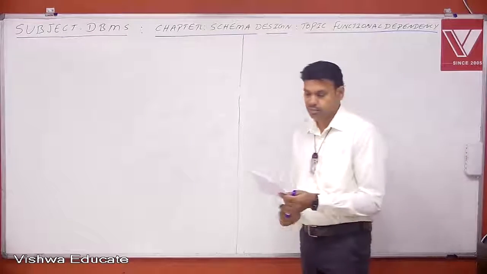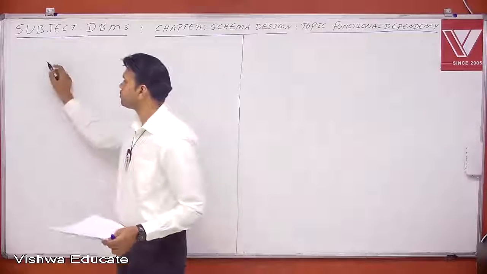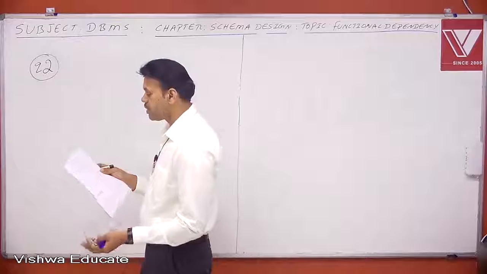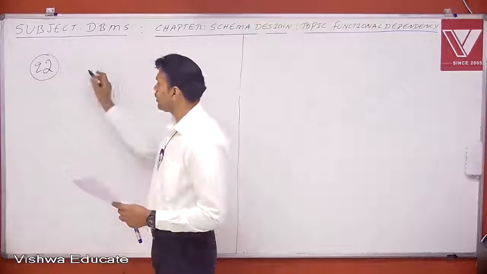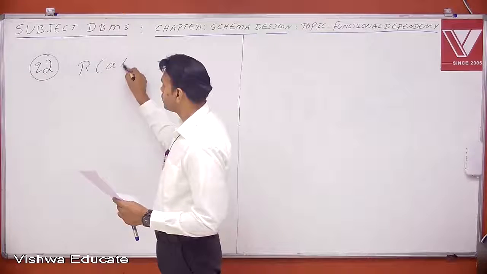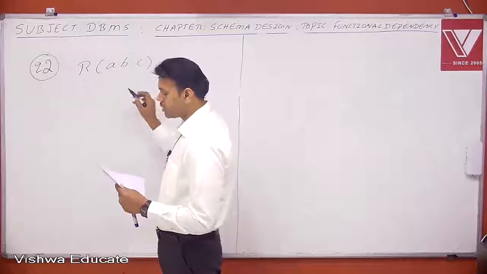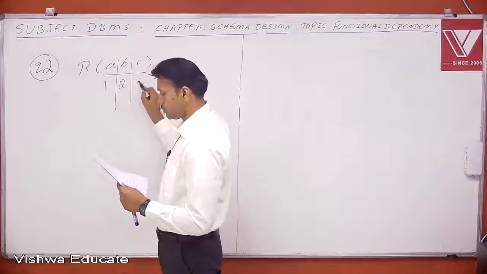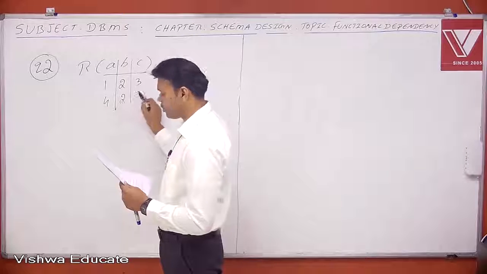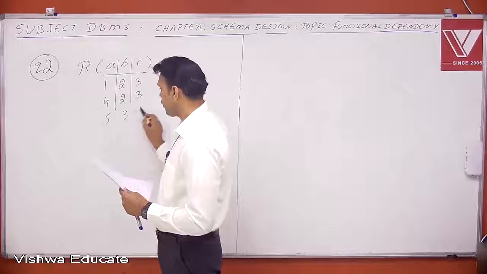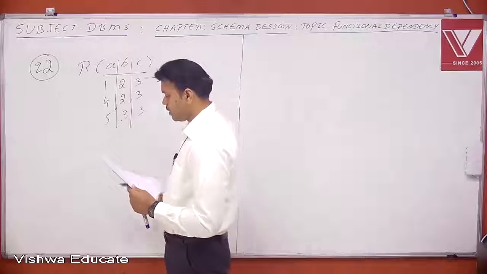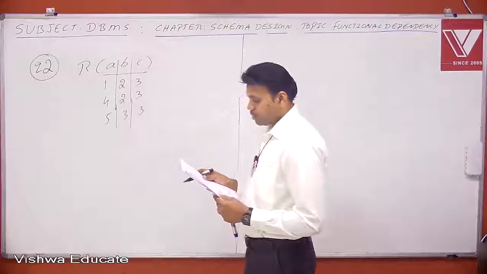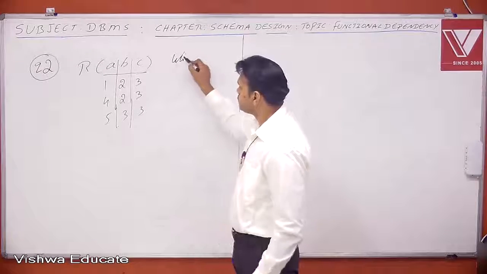So what he has given in question number 2 of the classroom workbook of the functional dependency topic is a table R with 3 attributes ABC, and the tuples are 1 2 3, 4 2 3, 5 3 3. He is asking which does not hold.